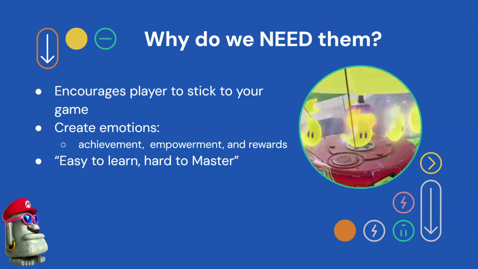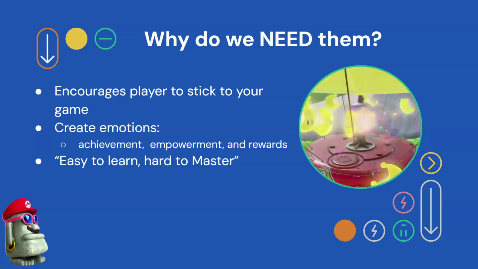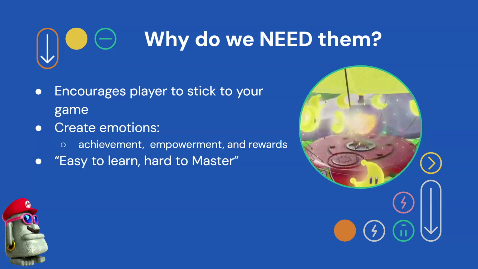So for example, Mario Odyssey is a 3D platforming game, and it really just shows off everything you can do in the game at the start. Right? It teaches you about jumping, running, capturing at the very first level. And that's basically all you need to know to play the game.